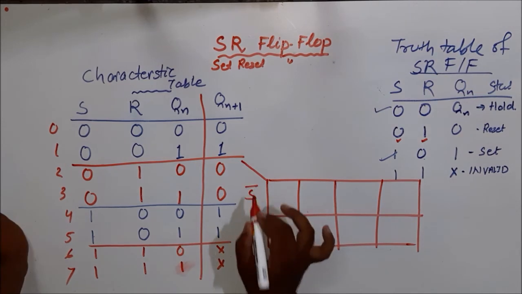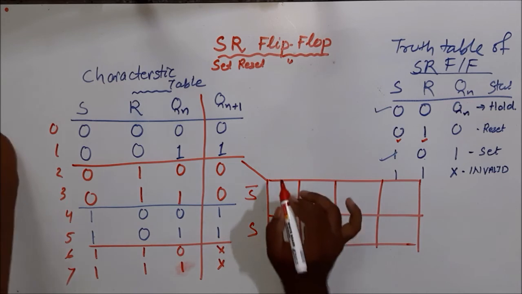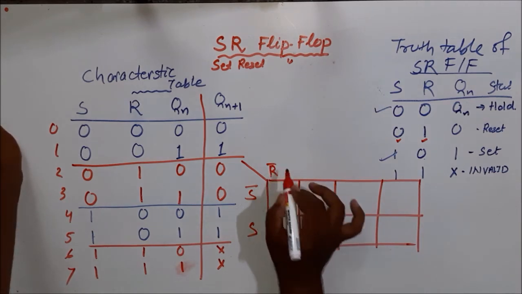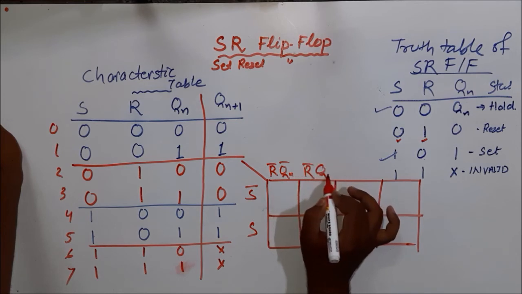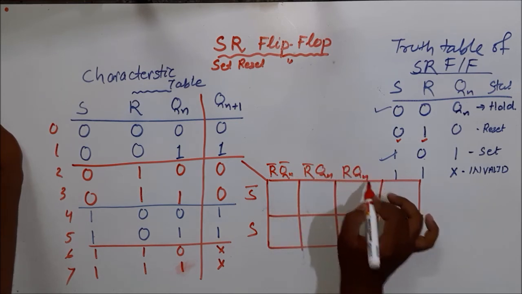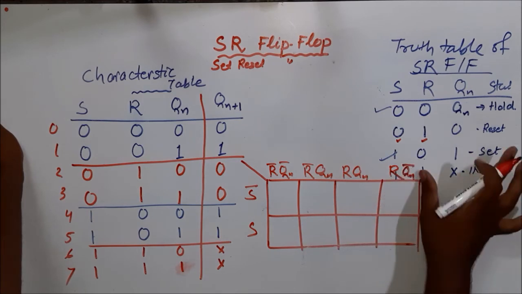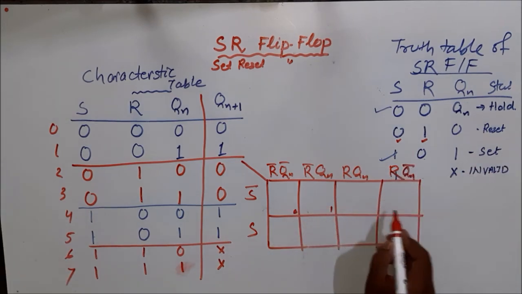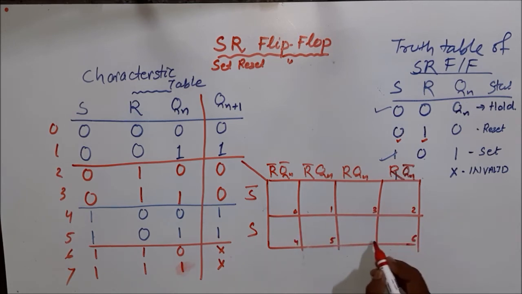Here it is S complement, here is S, and the remaining two variables R and Qn we can write as R complement Qn complement, R complement Qn, R Qn, and here R Qn complement.